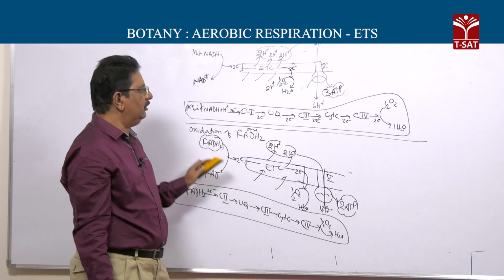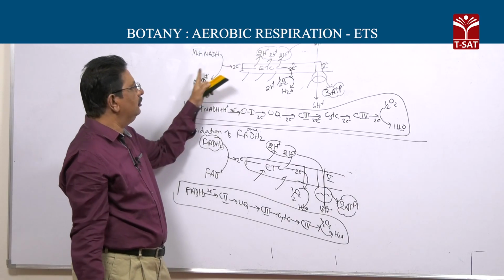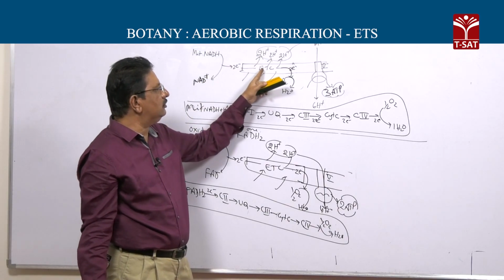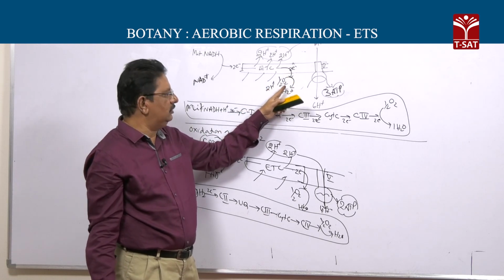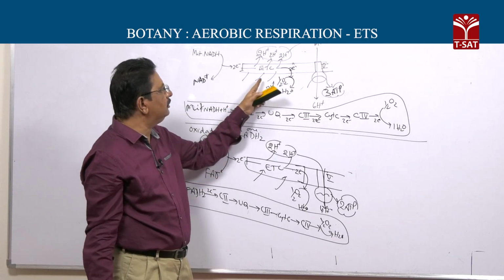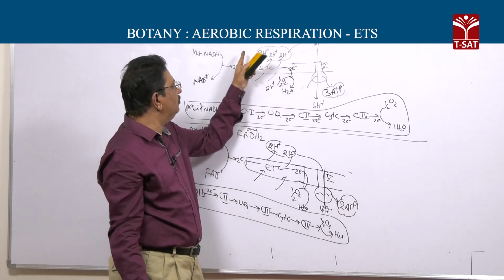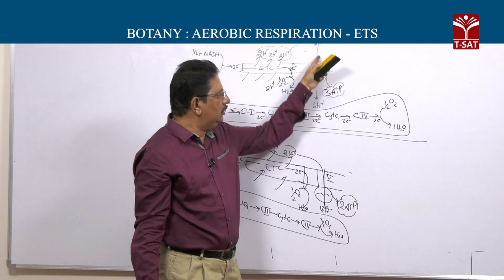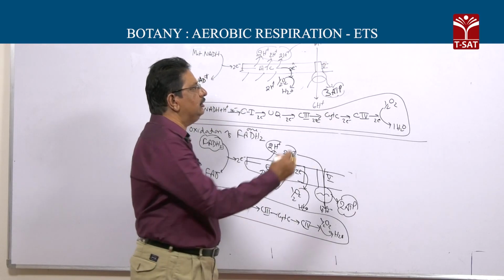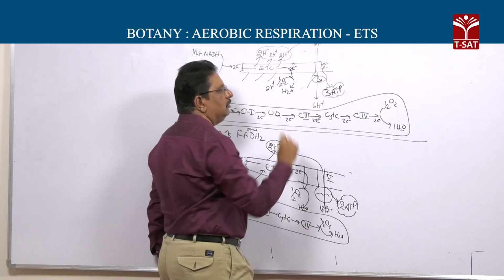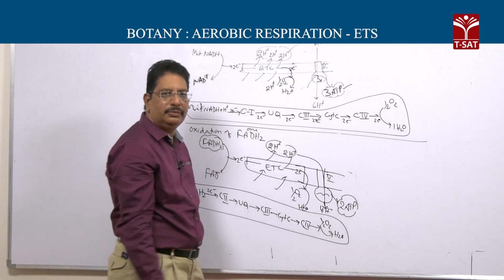So, a brief summary of this oxidation. In the oxidation of 1 mitochondrial NADH, a pair of electrons passes through the electron transport chain and finally reaches oxygen to form water, during which 2 plus 2 plus 2, that is 6 protons are accumulated, which are returned back to the matrix via complex 5, during which the energy of 6 protons is utilized in the synthesis of 3 ATP.